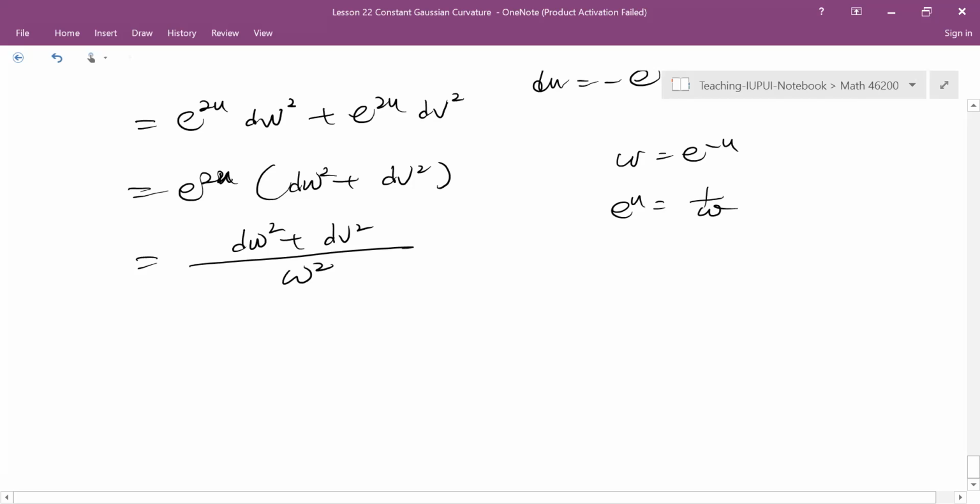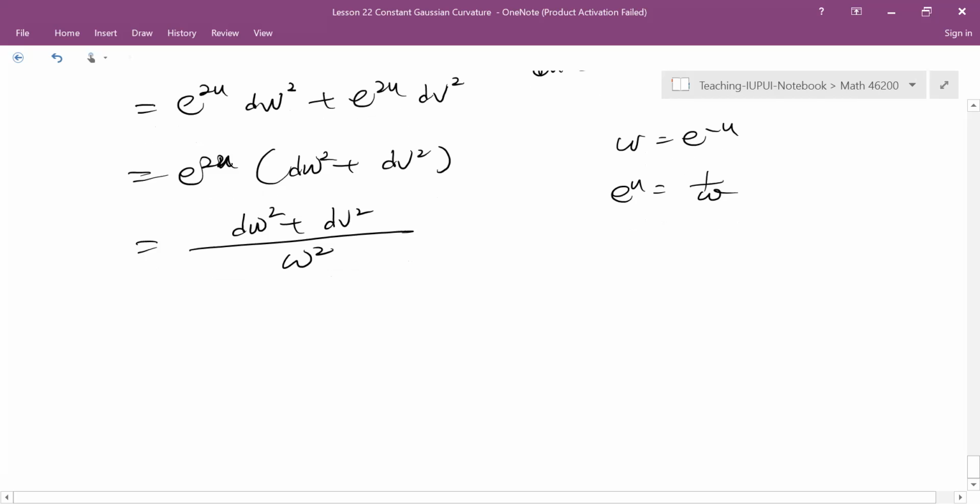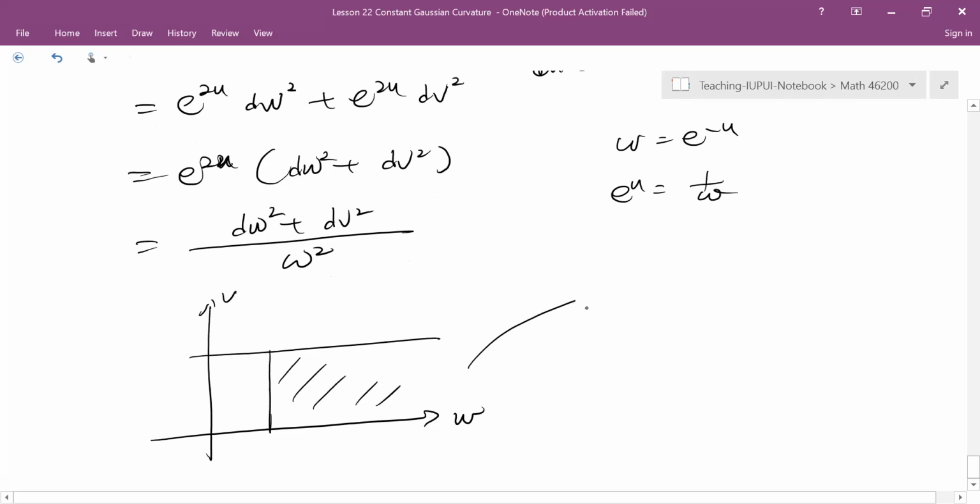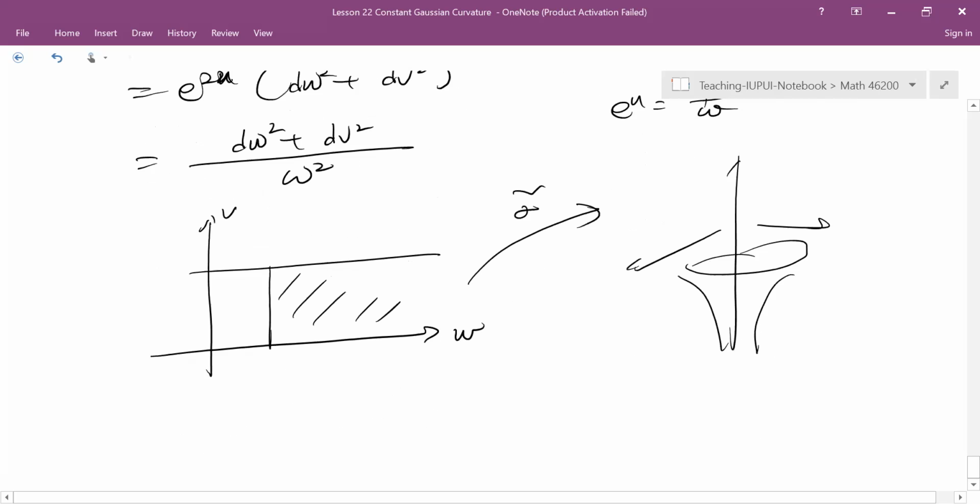So in other words, you construct the map. This is w, v with w greater than 1, onto this surface in space, such that the first fundamental form has this simple form.